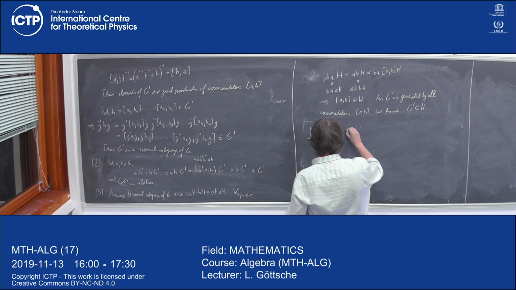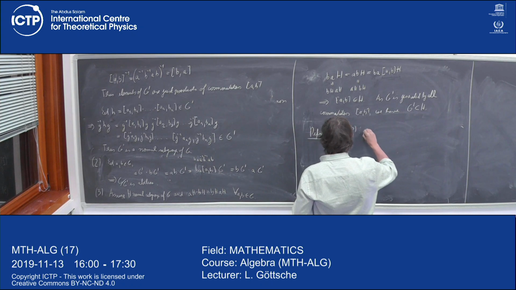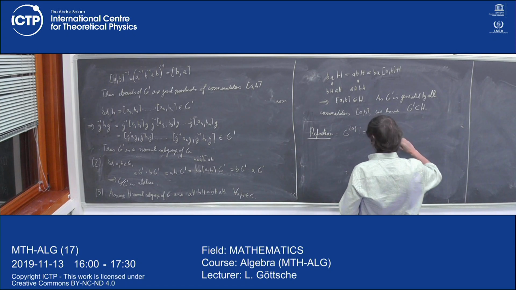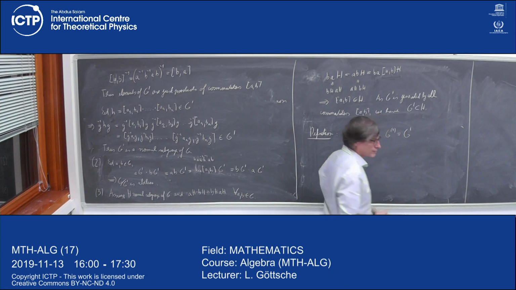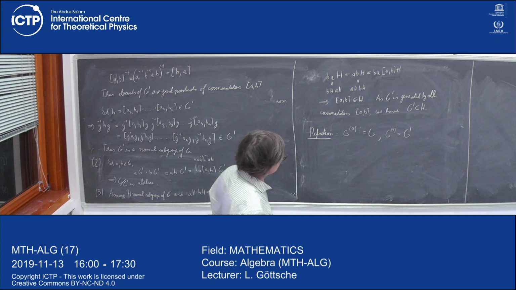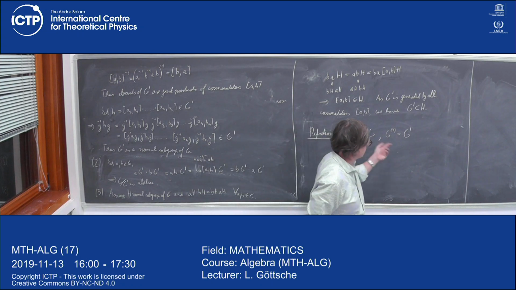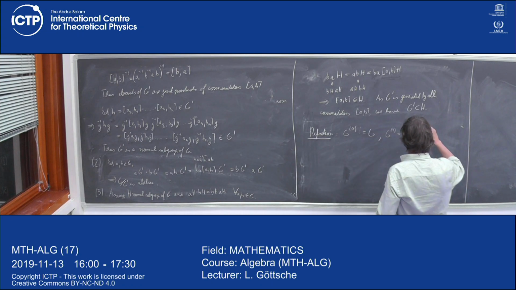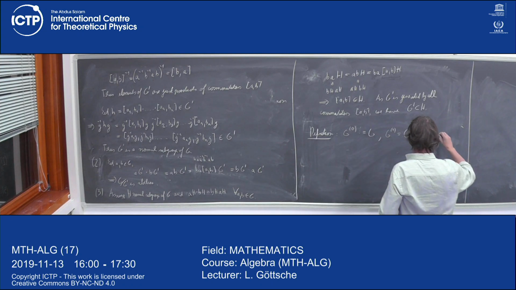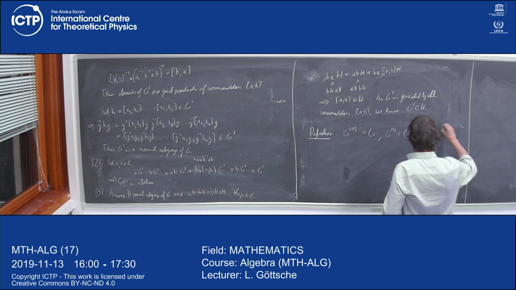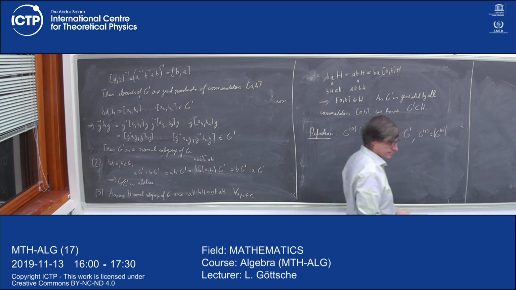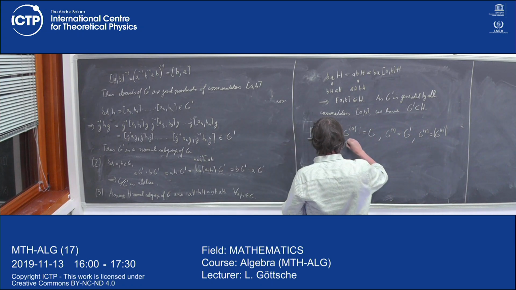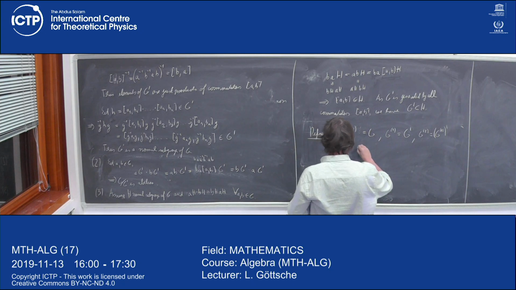We put G0 equal to G, G1 to be the commutator subgroup of G. And if we view this as a derivative, we can take higher derivatives. So we can take the commutator of the commutator. So we put G2, we define this as the commutator subgroup of G1, and inductively G(n+1) is the commutator subgroup of Gn.